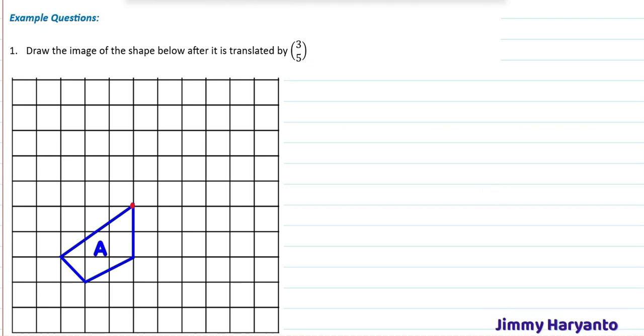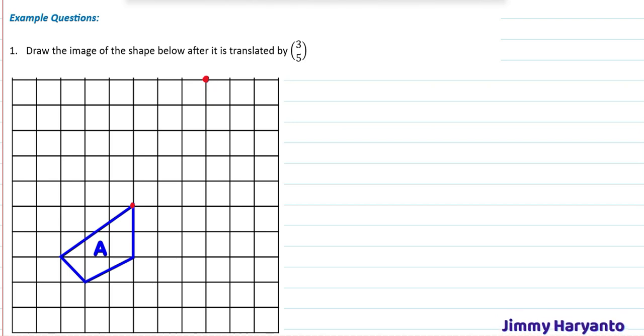So we move it 3 units to the right, 1 2 3, and then we go up 5 times, 1 2 3 4 5 units. So the image of the point will be right there. This is how you translate a shape.